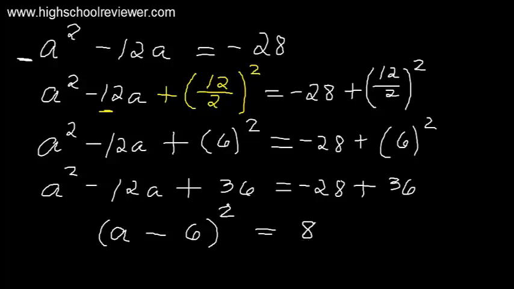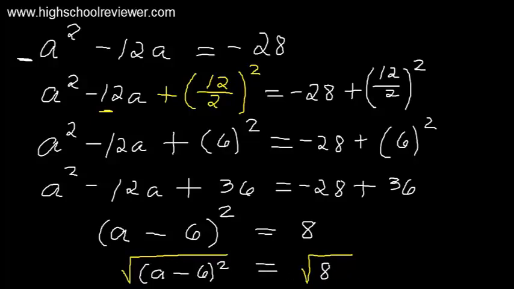And then to get this power of 2, to remove that, we need to get the square root of both sides of the equation. So this will be the square root, and the square root here on the right side. So this will be the square root of the quantity (a minus 6) raised to the power of 2 equals the square root of 8.